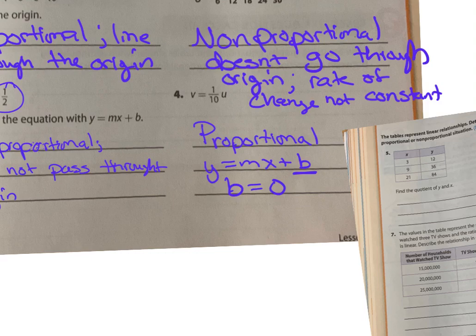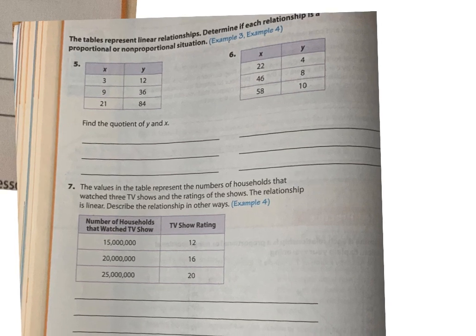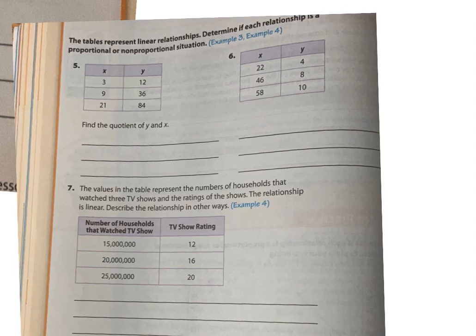Okay, on to number 5. The table represents linear relationships. Determine if each relationship is proportional or non-proportional situations. Now we're looking at a table. So if we simplify that, we'd have 12 over 3, right? Yep, 36 over 9. What do these all simplify to? 4.